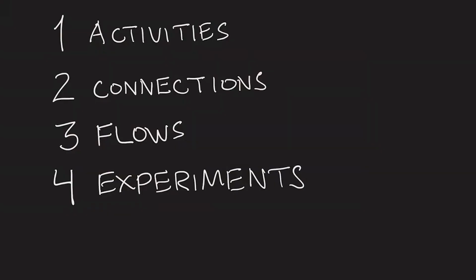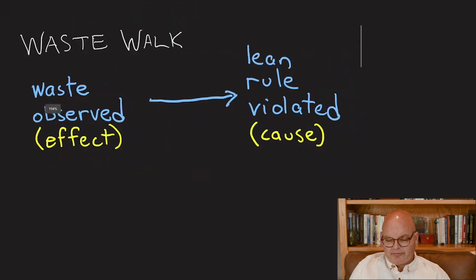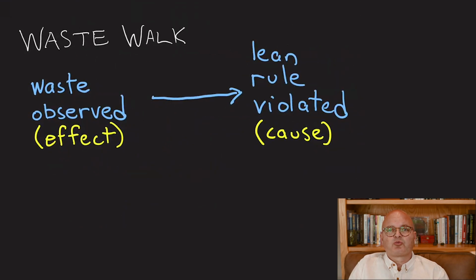So here's a few ways to think about how we integrate the lens of the 4 rules into our work of improvement as we talk about activities, connections, flows, and experiments. So first, just imagine that your organization does waste walks, right? It was certainly something that many lean organizations do.